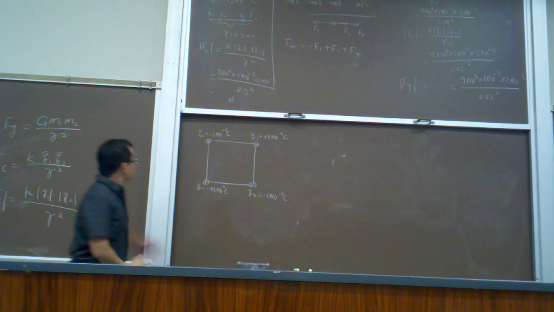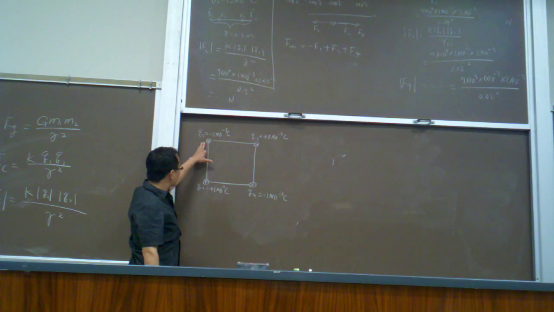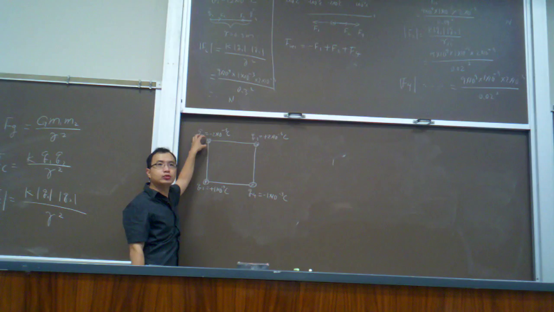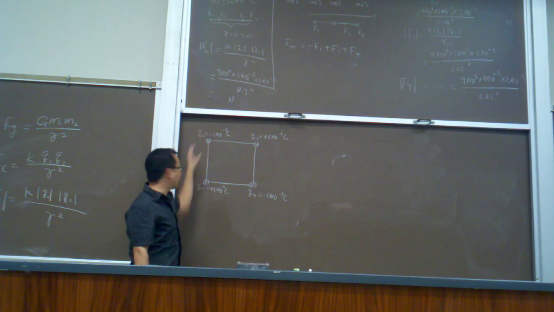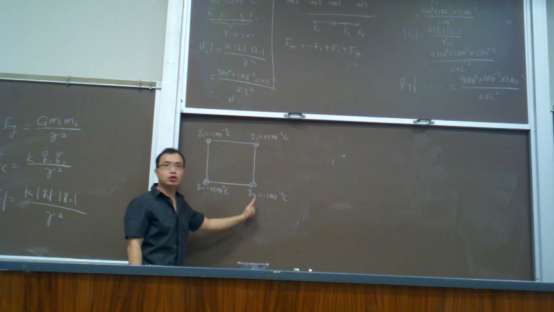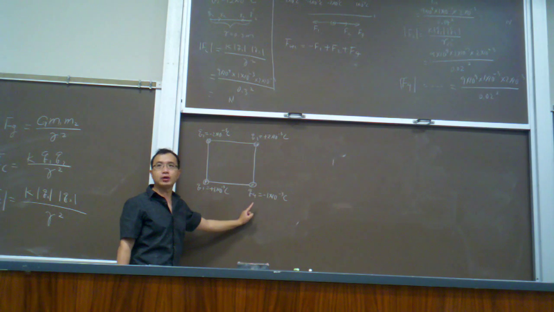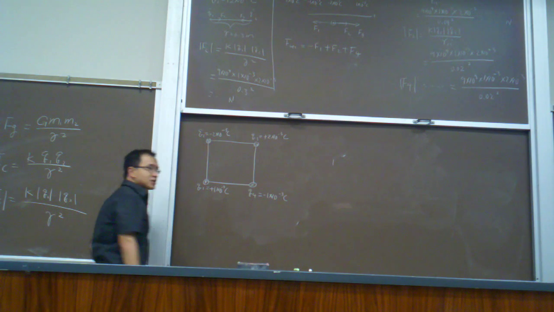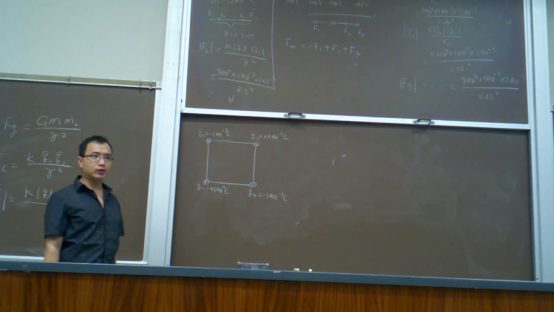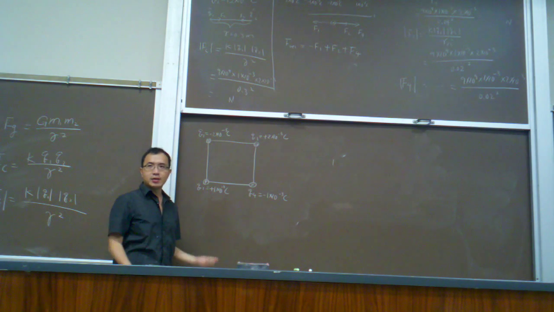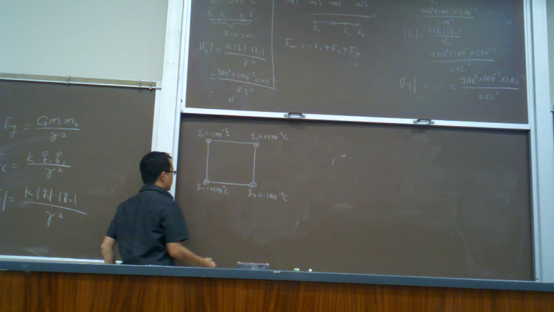Now, this is Q2, so we should have three forces acting on Q2, provided by Q1, Q3, and Q4. We're going to call them F1, F3, and F4. But this time, it's a two-dimensional configuration, so these forces will not be along the same straight line.